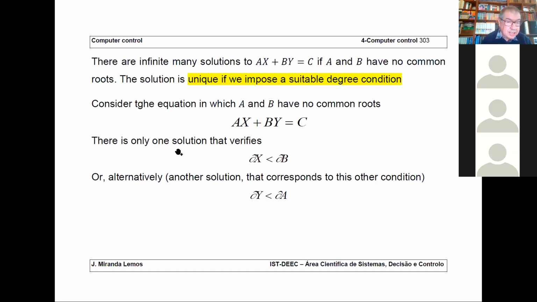The condition is that either the degree of x is smaller than the degree of the coefficient of y, or the degree of y is smaller than the degree of the coefficient of x. So either one or the other. It corresponds to different conditions.